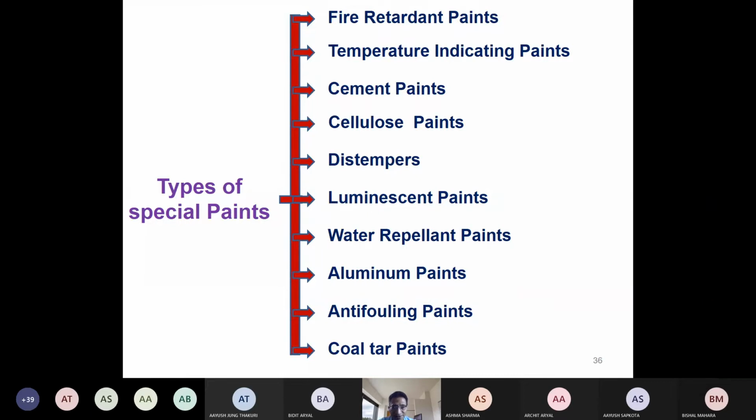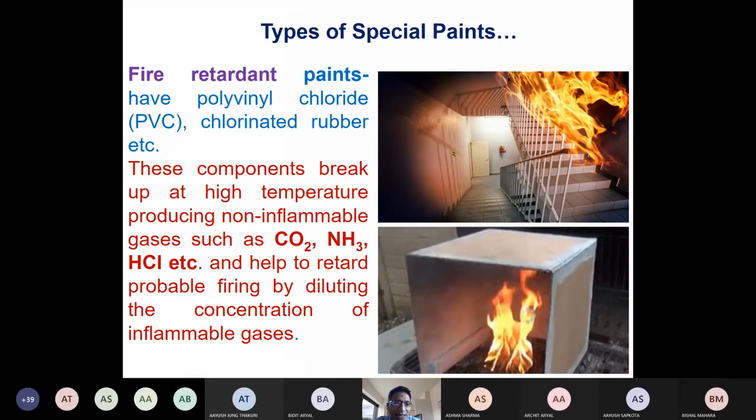Now one by one. First one is fire retardant paint, and they have polyvinyl chloride or chlorinated rubber, etc. These compounds break up at high temperature, producing non-inflammable gases such as carbon dioxide, ammonia, HCl, and these gases help to retard probable firing by diluting the concentration of the inflammable burning gas, concentration कम गर्ने कसले, carbon dioxide ले ammonia.